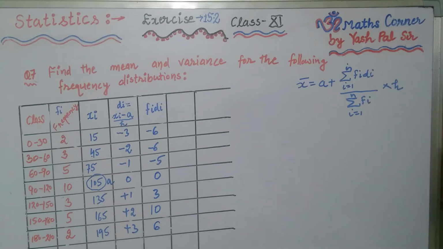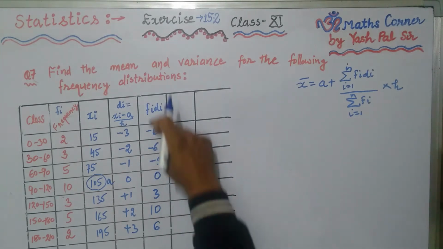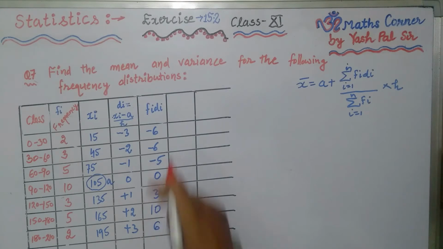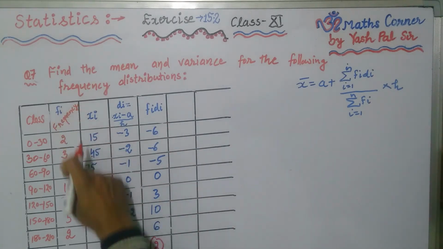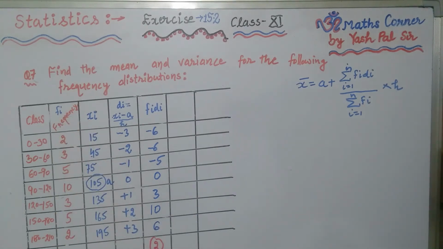Right? Now we find the sum of this column. Here the sum is 2. We also find the sum of the frequencies. This is 30.